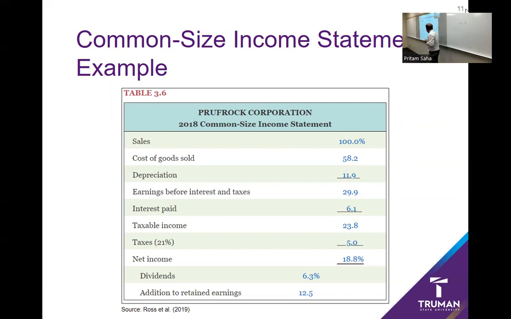And then around 5% of sales goes to tax payment. And finally, you can keep 18.8% of your sales as net profit, right? Or net income. This is known as net profit margin.